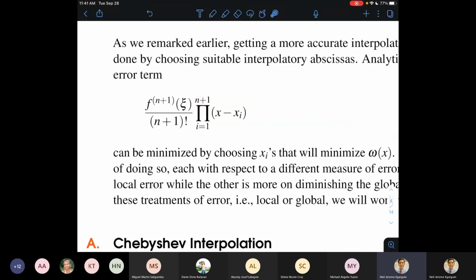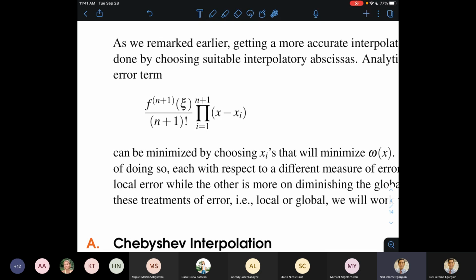But how do we minimize omega of x? We can minimize omega of x by choosing the x_i's wisely. Okay? Lalo na kung ang interpolation process nyo ay alam niyo yung function f. But the function f is very complicated and you want to replace it by an easier function. But that function approximates the function f well.